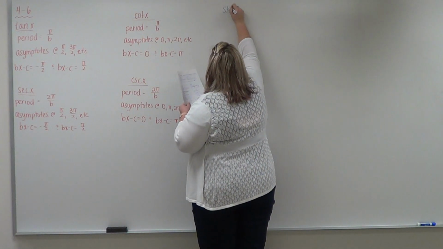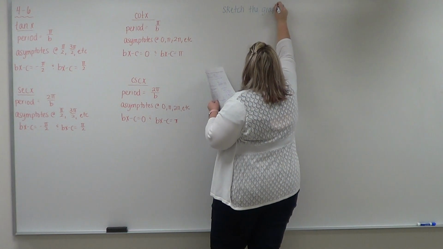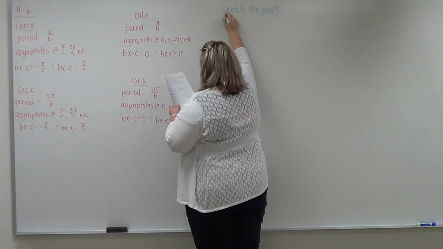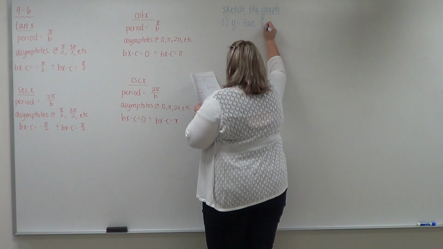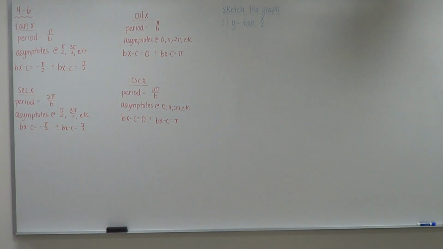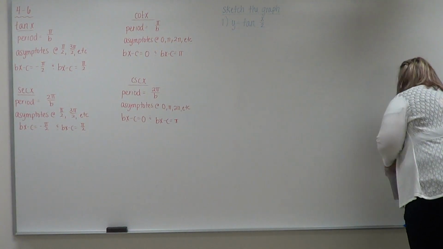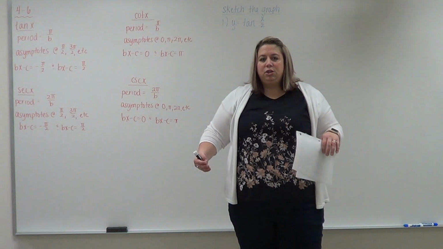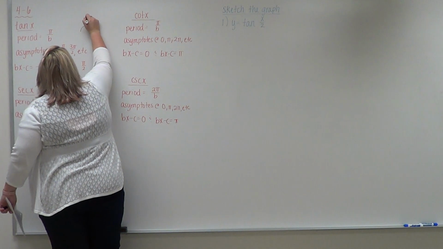Just like we did with sine and cosine, we're going to sketch 2 periods. The very first thing: there's no amplitude on cotangent and tangent, because their graphs look kind of like cubics.